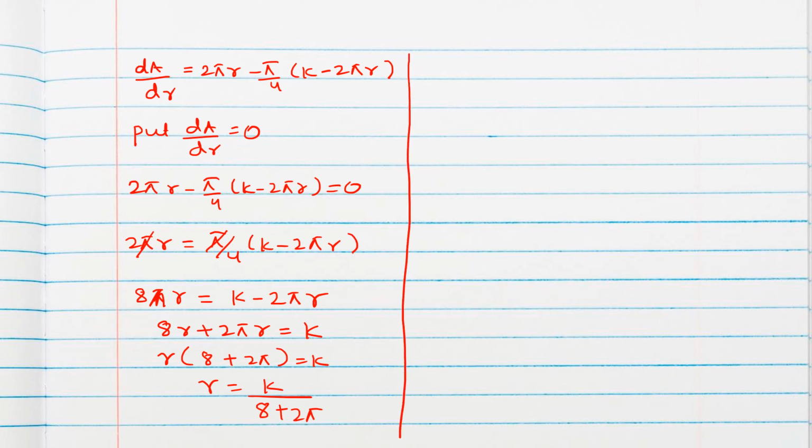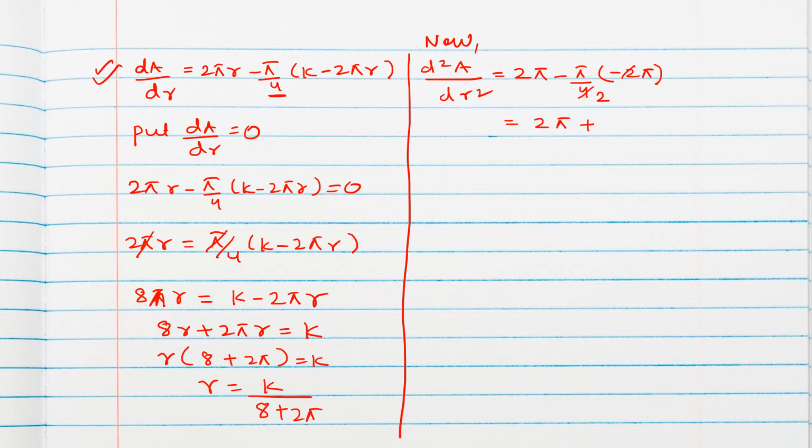Now we'll differentiate again. This expression we should differentiate, so d square A by d r square. So 2 pi is coefficient, derivative of r is 1. Here minus pi by 4 is coefficient, then derivative of K will be 0 minus 2 pi, and derivative of r will be 1. So 2 pi, this minus minus plus, this 2 will be cancelled with 2.